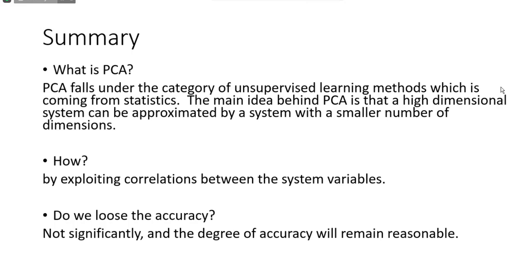So basically, what is the PCA? PCA falls under the category of unsupervised learning methods, and it comes from statistics. PCA is a way that we somehow summarize the variables that we want to put in our model. So it is for high dimensional systems where we want to make a smaller number of dimensions, and this is important for our analysis.